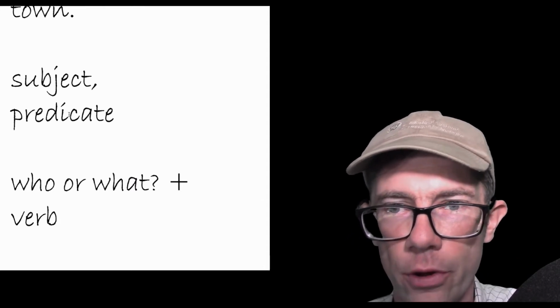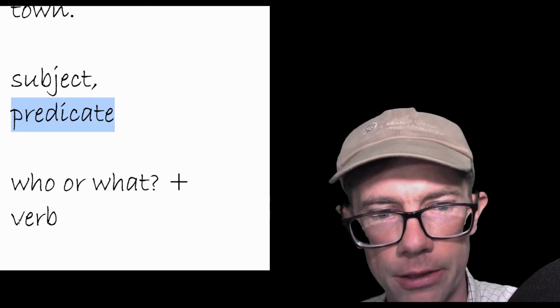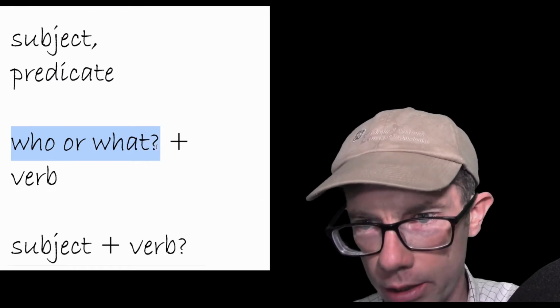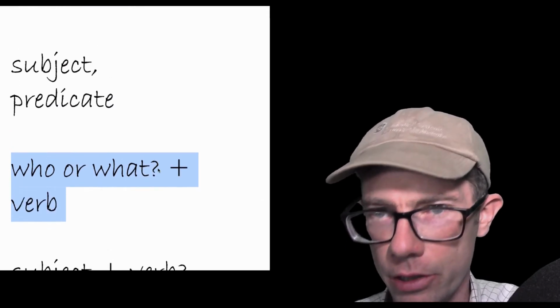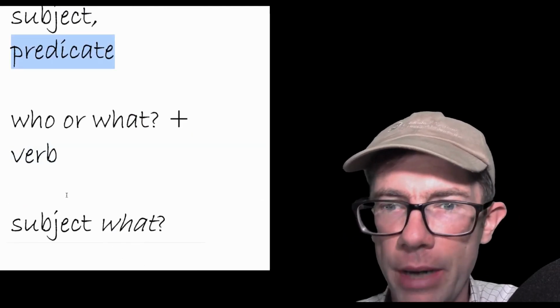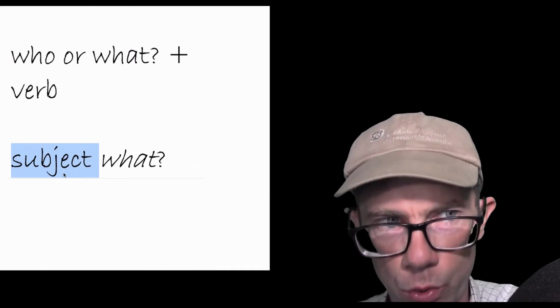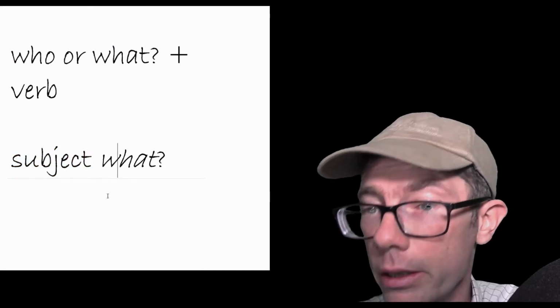All right, let's move on to the predicate. How do we identify a predicate? So, we identify a subject by asking who or what, followed by the verb, and the answer to that question gives us the subject. Great. How do we find the predicate? We find the predicate by asking subject, which we will already have identified, then what?